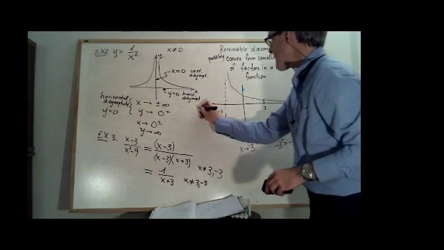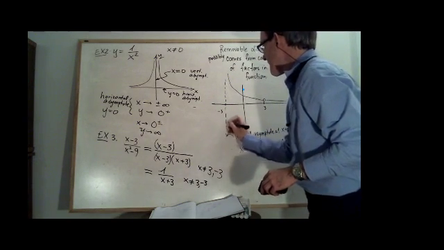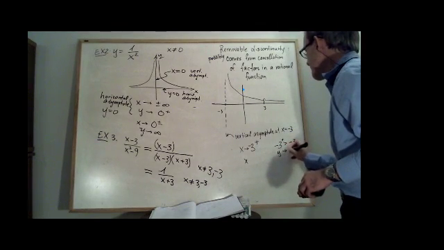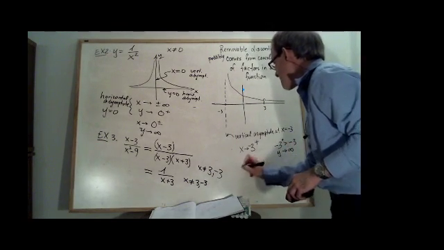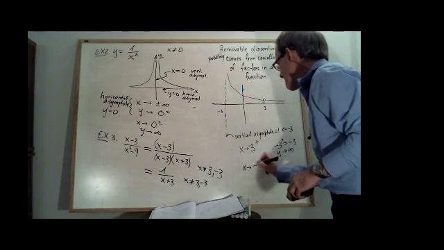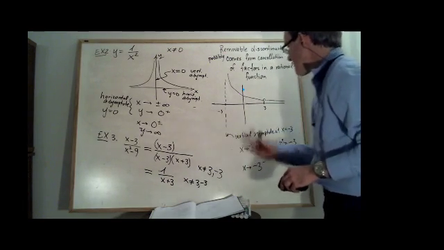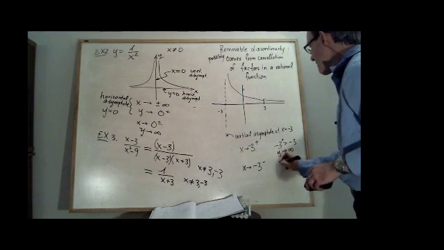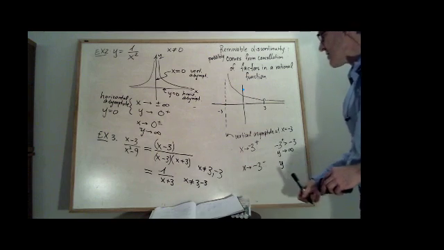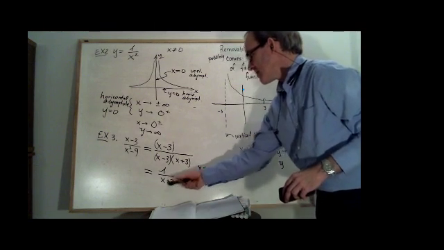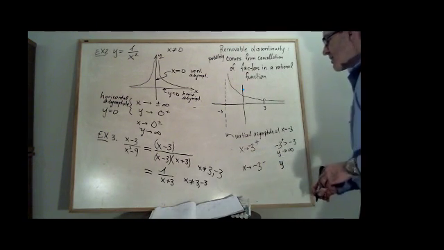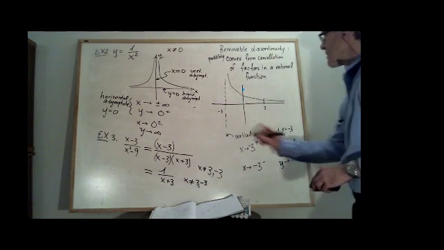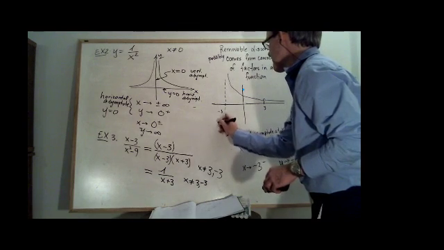Now on the other side, as x approaches minus 3 from the left, from smaller values, I'll get a small negative number in the denominator. And so y will go off to minus infinity. So it'll look like this.